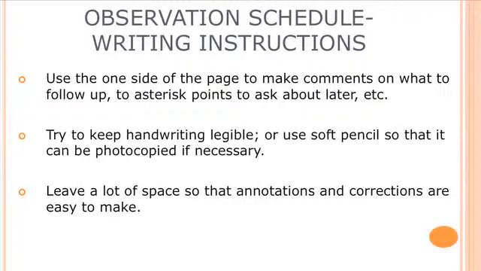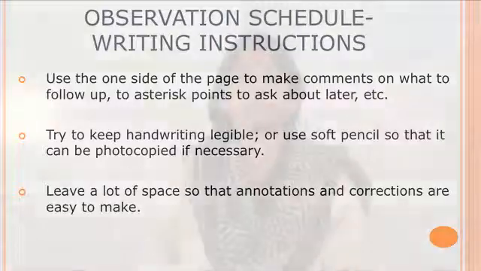Now, when you're writing the report, we also need to write your comments on what to follow up. For example, if I have observed today and I need to observe on successive days, then at the end of my observations, I will write what I need to do tomorrow or what I need to observe.